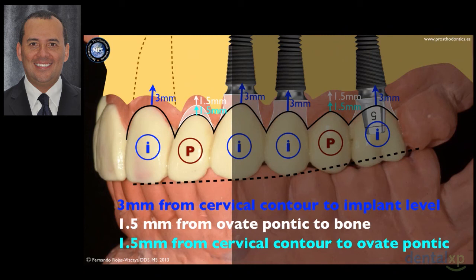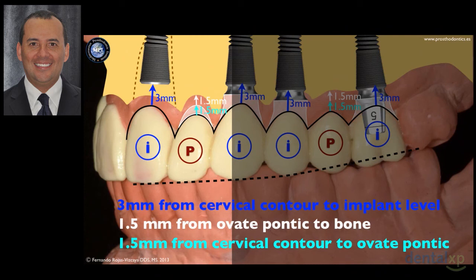If it's an extraction socket area, I don't make any reduction of the bone. I just place the implant at 3 millimeters from the margin of the planned gingiva, and it's below the bone.